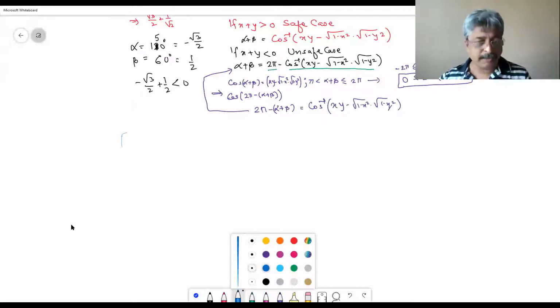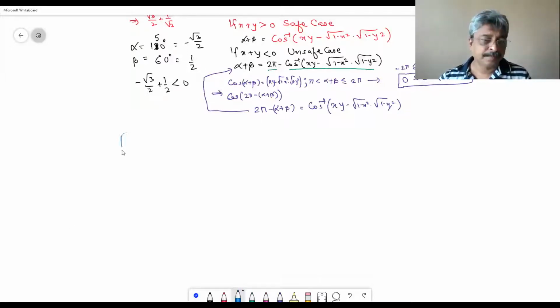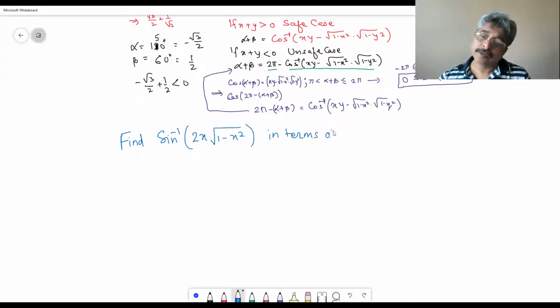Okay, next problem is find sine inverse of 2x radical 1 minus x square in terms of sine inverse of x.